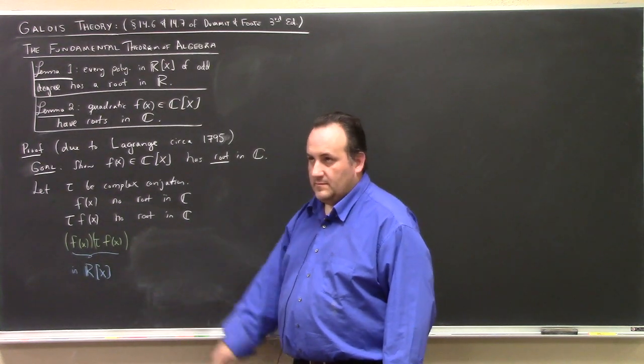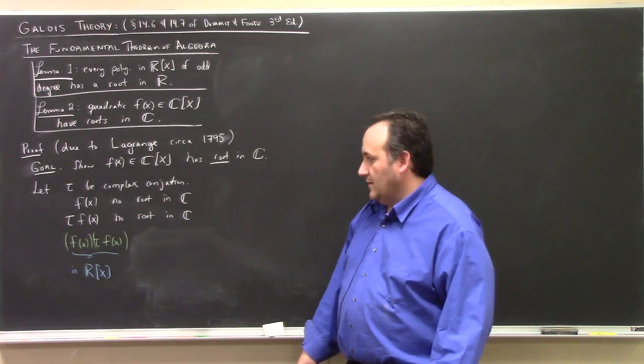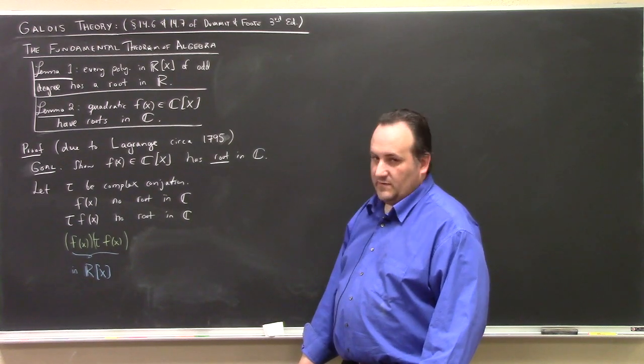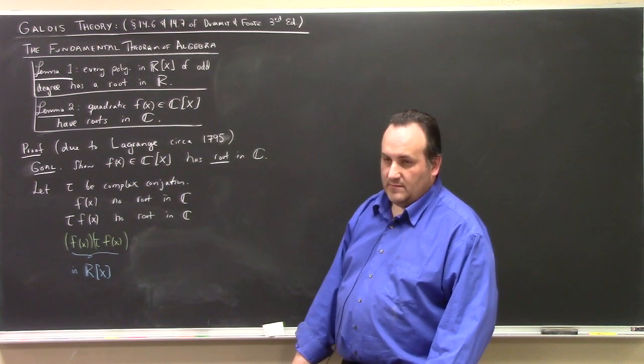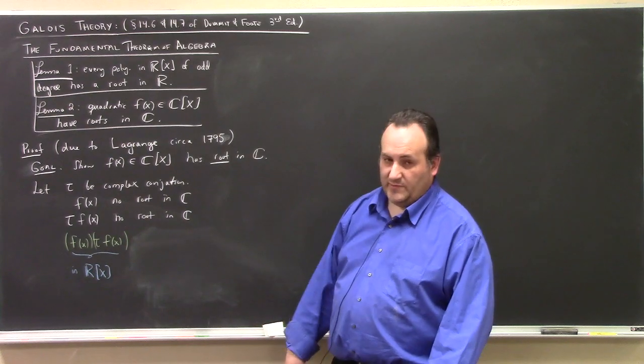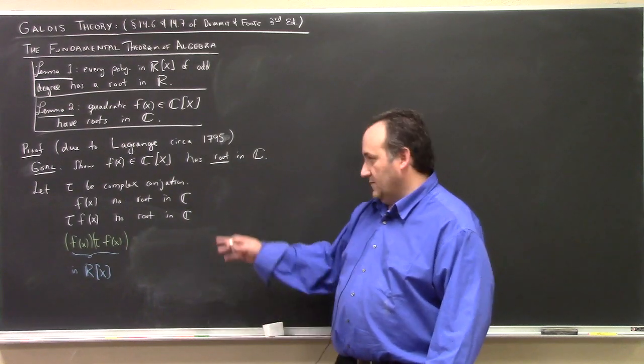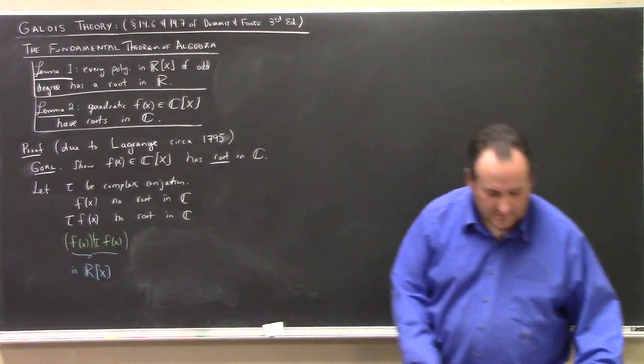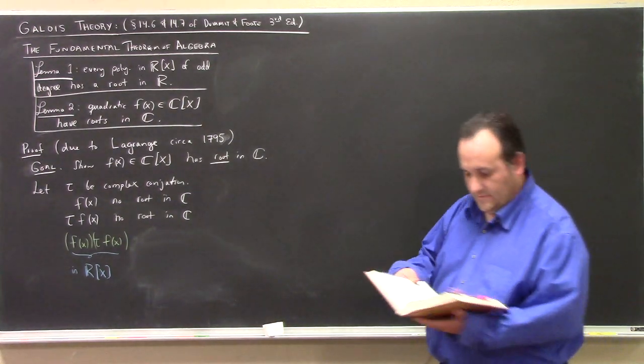So is this a contradiction? I think it is a contradiction. So now we're going to take an arbitrary real polynomial and show that it has a root in C. And since an arbitrary real polynomial has a root in C, therefore, yeah, contradiction. Thank you. Those are the words I was looking for.